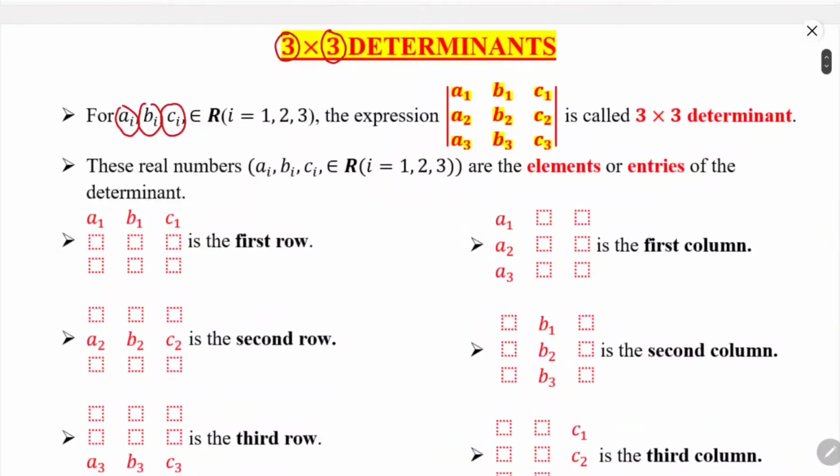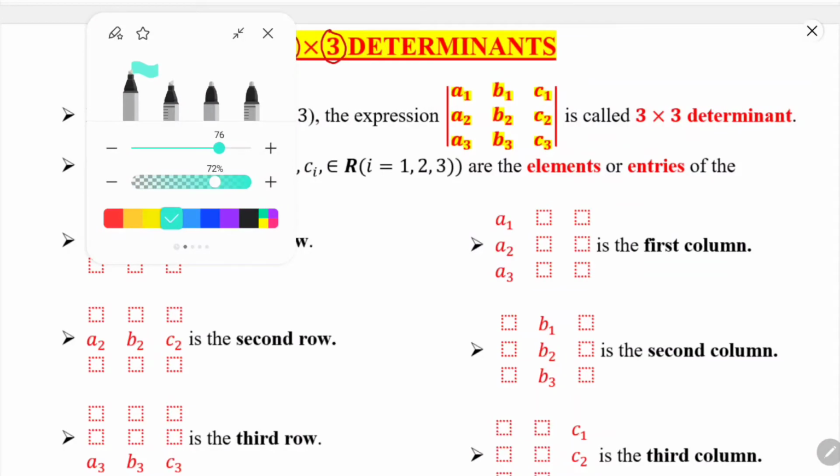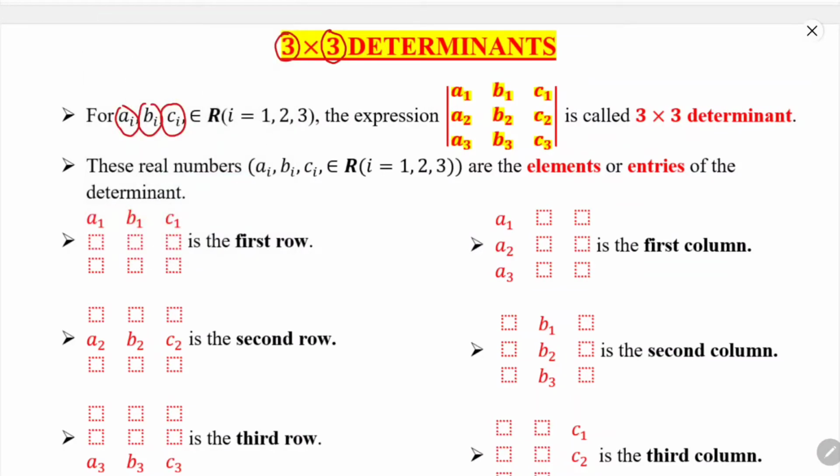So basically a1, b1, c1, a2, b2, c2 and a3, b3, c3 are the elements of the determinant. So this expression is called a 3 cross 3 determinant. Okay, so in this is first row, second row, third row, right?